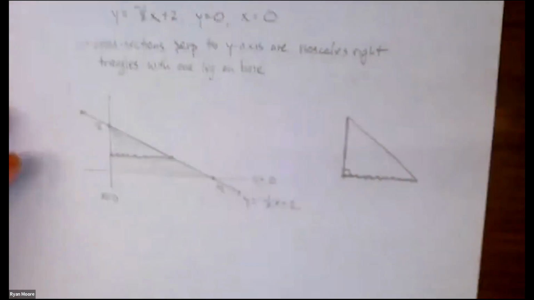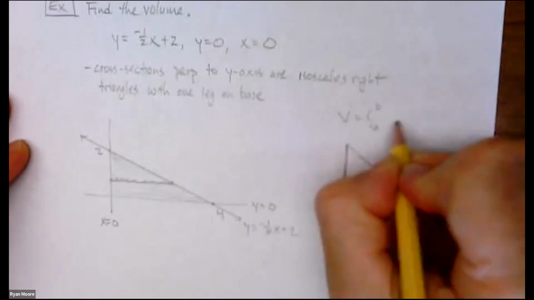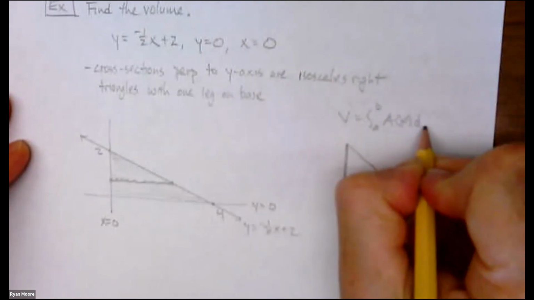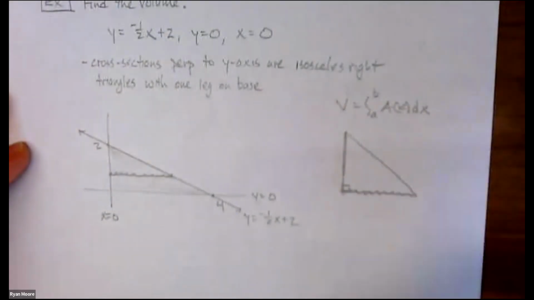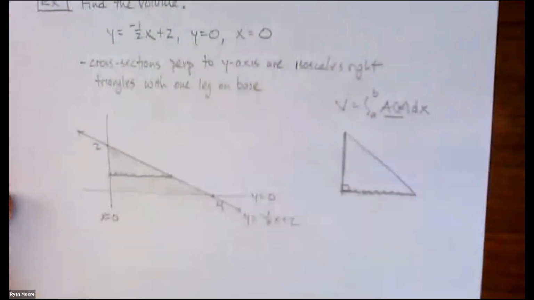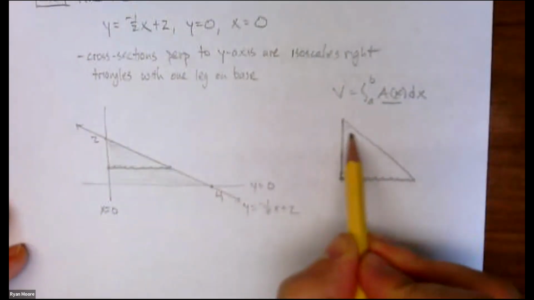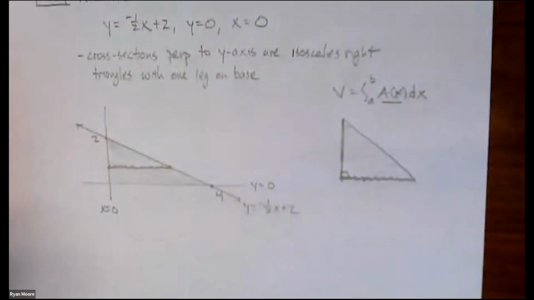Again, what's our goal? What we're trying to do is figure out the cross-sectional area, the function that describes it, A of x. If we can find the cross-sectional area at any location, then we're all set.